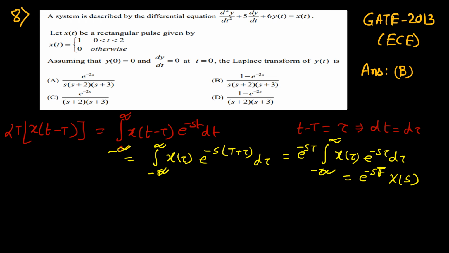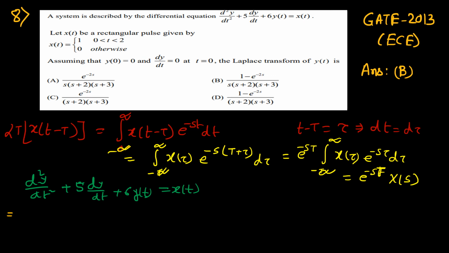Okay, that delay. So now you consider this derivative. So the differential equation given is d square y dt square plus 5 dy dt plus 6 y of t equals x of t. Now you take Laplace transform on both sides. So what you will get?